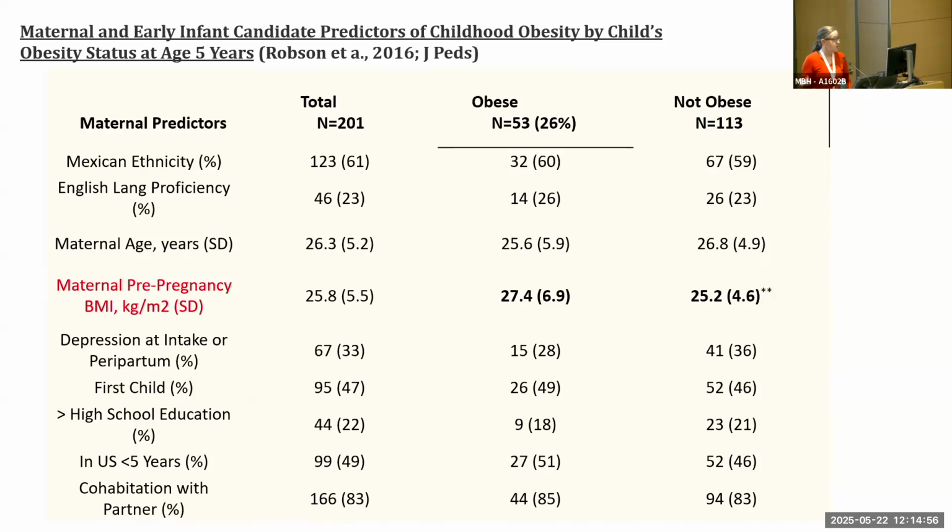And for maternal predictors, we looked at a variety of different things in terms of demographics. The only one that was significant was maternal pre-pregnancy BMI. Just to note, 26% of this cohort was obese at age 5.